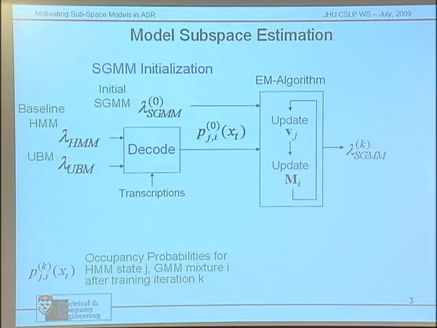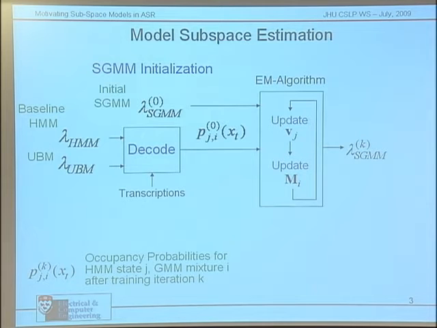The system starts out from the occupancy probabilities for given states and mixtures. Since these state-dependent weight vectors model phonetic variability, the labeling they need to assign an observation to a given state or a given phonetic category derives from those posterior occupancy probabilities.